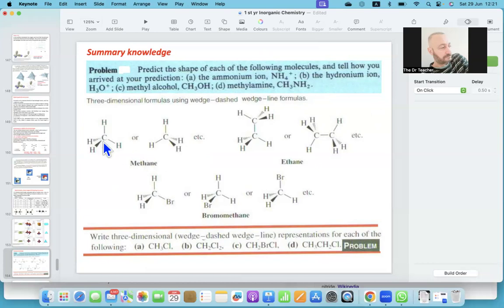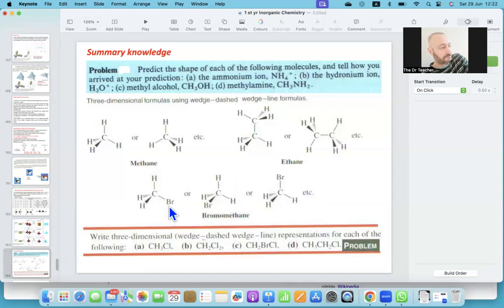So NH4 ammonium is tetrahedral, methane tetrahedral. Here what we have, ethylene tetrahedral each. This is tetrahedral, this is tetrahedral. And here we have a similar one, as we said, the CH3Br, bromomethyl group, as tetrahedral, and we have another shape of bromide.